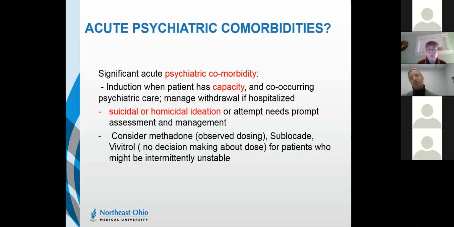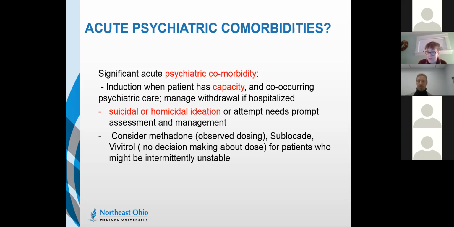Acute psychiatric comorbidities, well, go figure, these are patients that apparently have better adherence to treatment, possibly because they're used to having more care, they have more psychosocial supports from their psychiatric side. So if a person has capacity and they're not actively suicidal or homicidal, this should not be a barrier to us taking them into treatment.